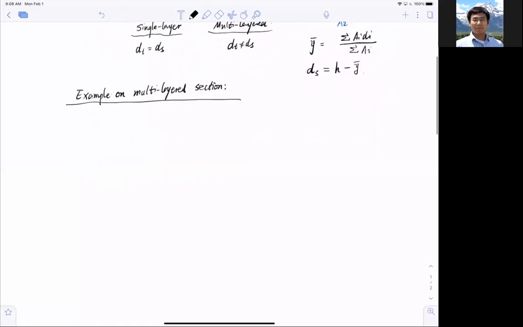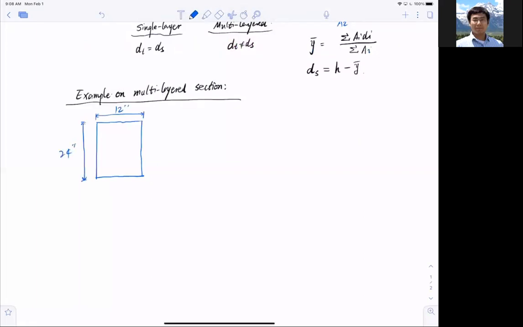Okay. All right. So I am going to have a rectangular cross-section on the left. With that, I have a width of 12 inches, very standard, and a height of 24 inches, what we call 1x2.